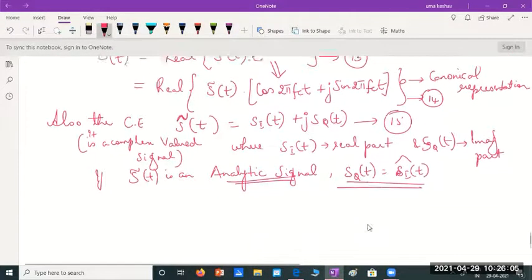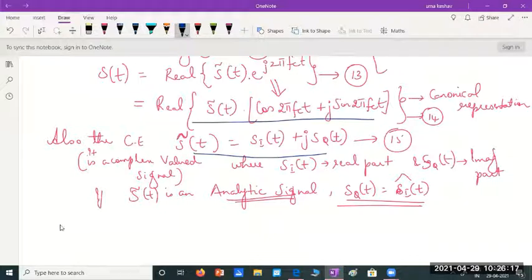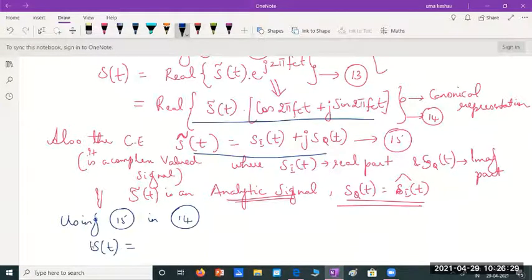Okay. So what do I do next? I will take equation 15 and substitute it in equation 14. What do you get? I am trying to find the canonical representation of the given signal.